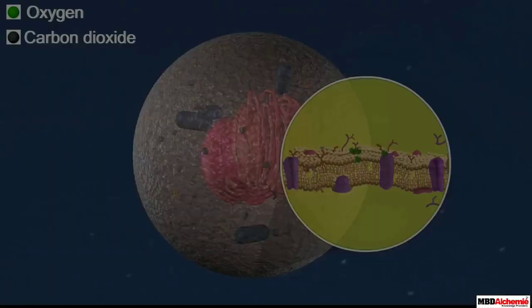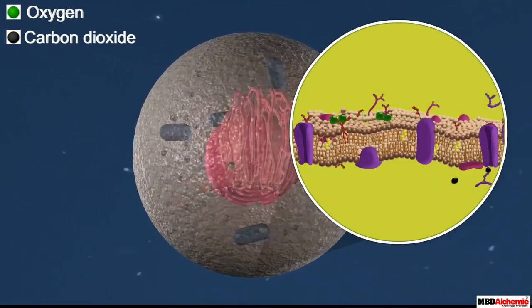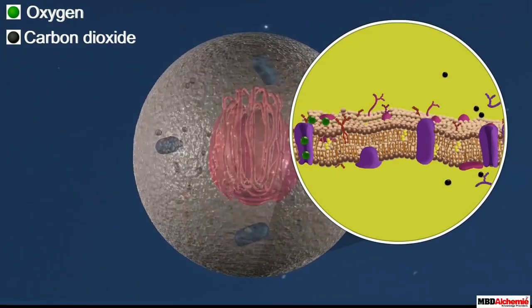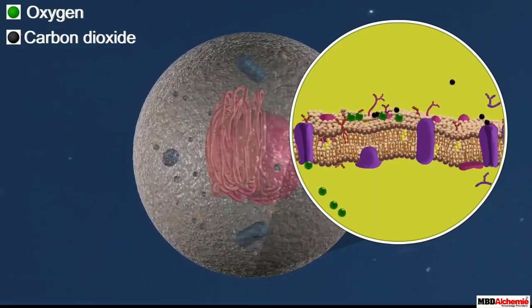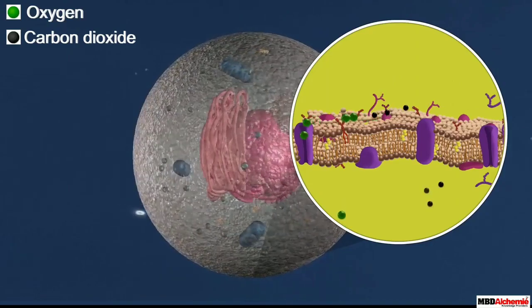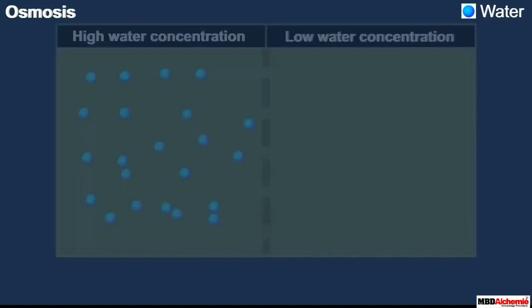And in the case of oxygen, the oxygen concentration will be low inside the cell if we compare it to the external environment. So the oxygen will move from the outside environment to the cell. Okay, that's how diffusion occurs. Thus, diffusion plays an important role in the gaseous exchange between the cells as well as the cell and its external environment.